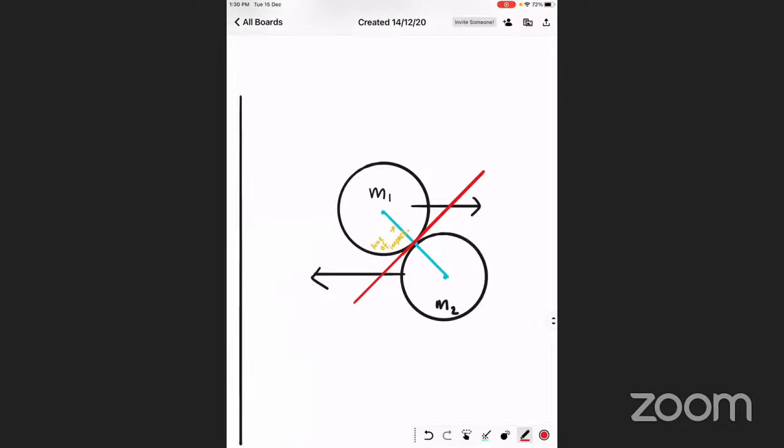This is only for JEE Advanced. So along the red line, this is a line perpendicular to the line of impact.